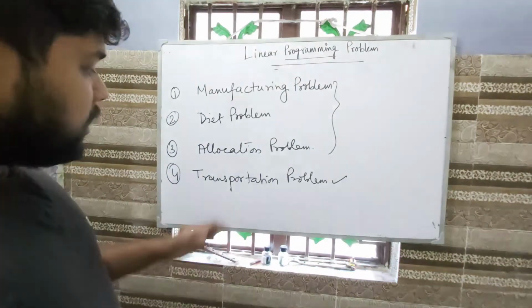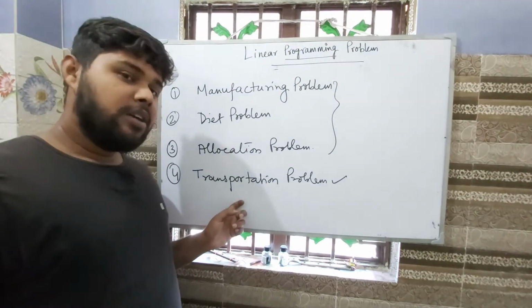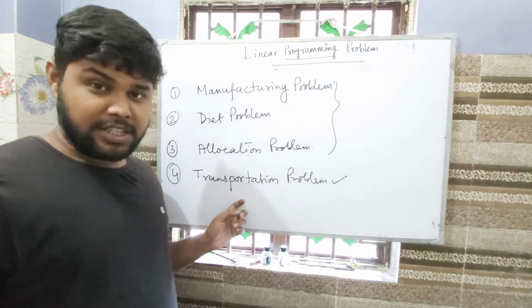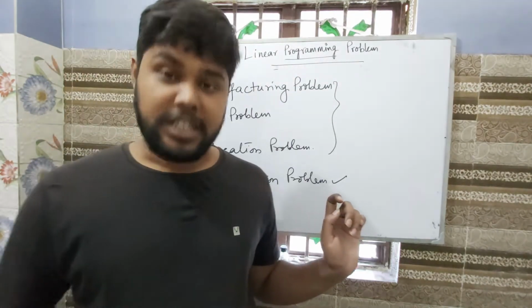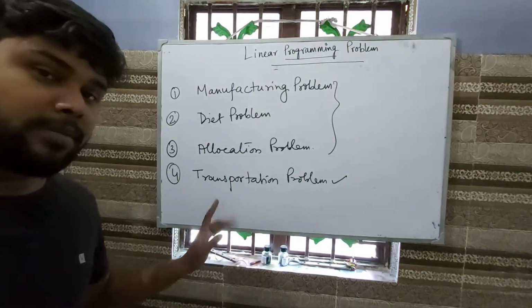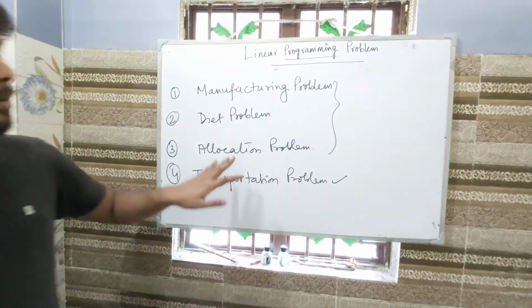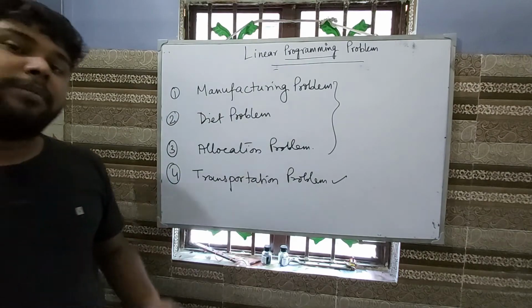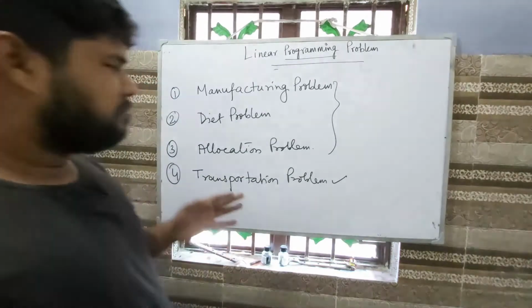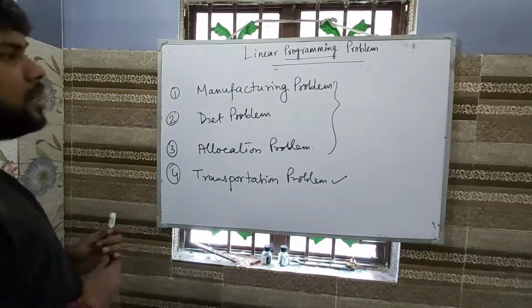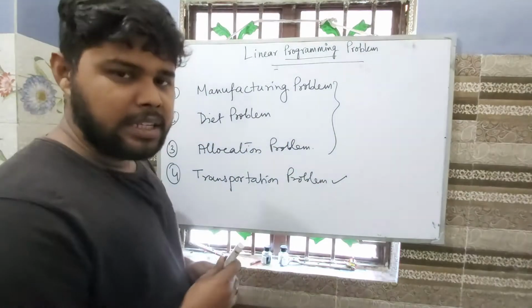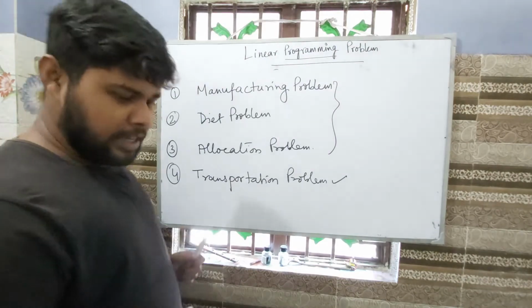In any case, transportation problem on the one hand is always a minimization problem. Why? Because we are always trying to minimize the cost of transportation. So that is why transportation problem will always be a minimization problem. But for these three different types of problem, it can be either a maximization problem or a minimization problem depending on what is given, right?